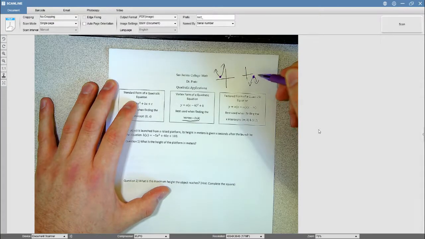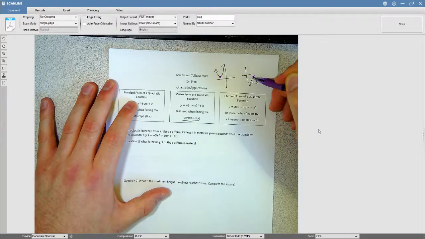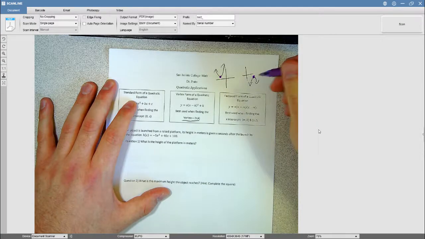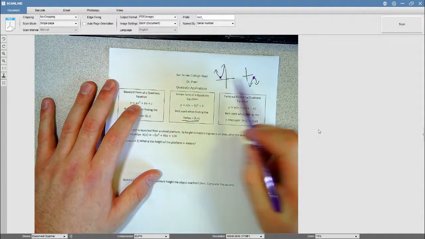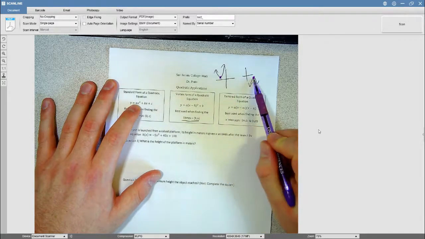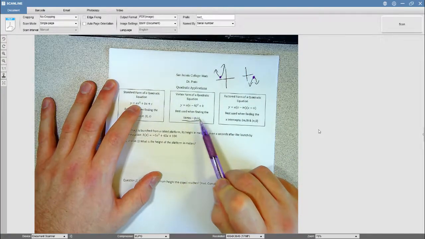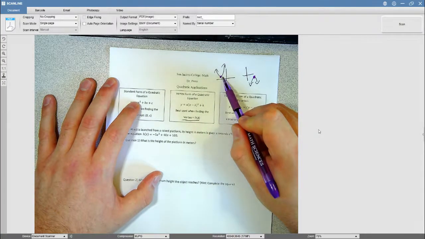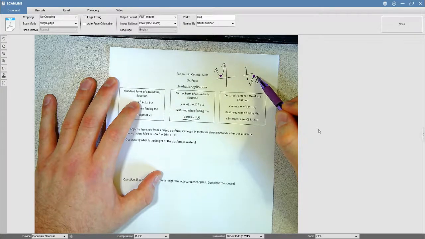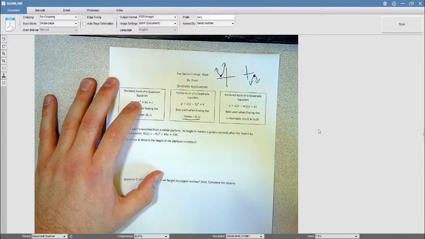Whatever y value there is at this vertex, that is the maximum value that this parabola can take on. So in a word problem, if we're trying to minimize or maximize, we would like to find its vertex. So for example, if we want to minimize our losses or maximize our profits, we would find the vertex.